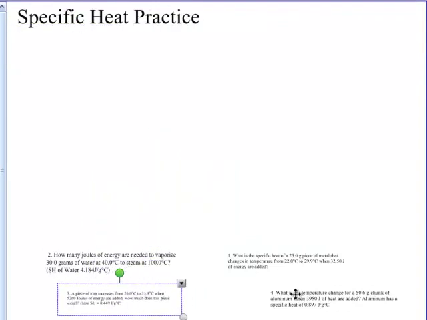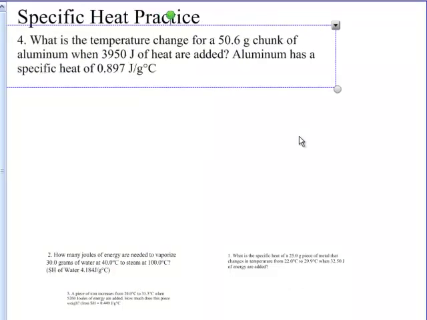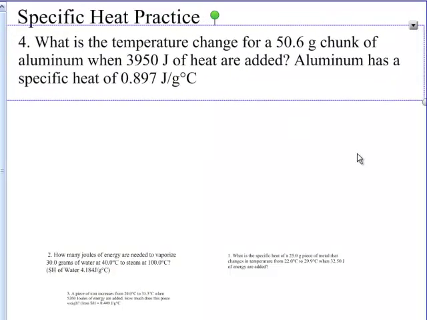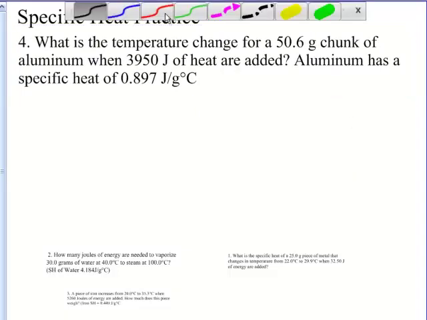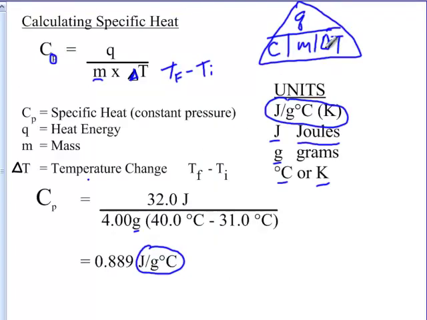Okay, there's that. Take number 4. Okay, read that for a moment, pause the video, give it a shot, see if you can get it. Okay, if we look at the problem, look at what variable we're solving for. We're solving for temperature. Okay, if I come back to the density pyramid, I'm going to cover up delta T. What's the formula?